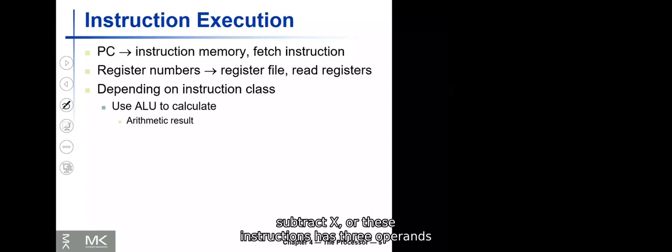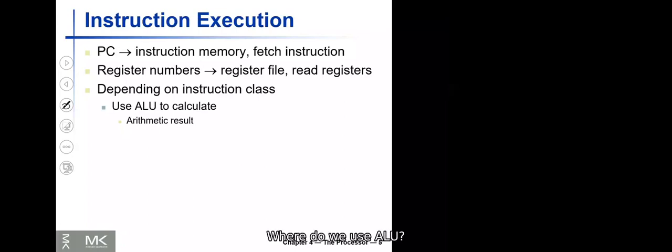These instructions have 3 operands, and we get 2 of them, calculate using the ALU, the arithmetic logic unit, the unit that calculates for us, and then store the value. So the ALU is used in arithmetic instructions, but that is not all. There are more uses of the ALU. Where?